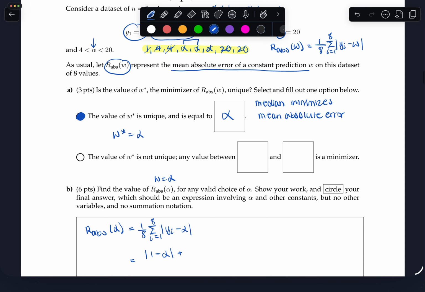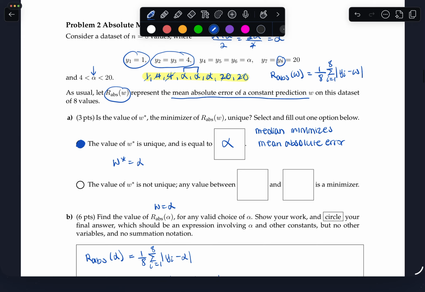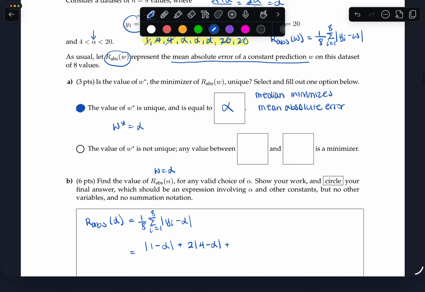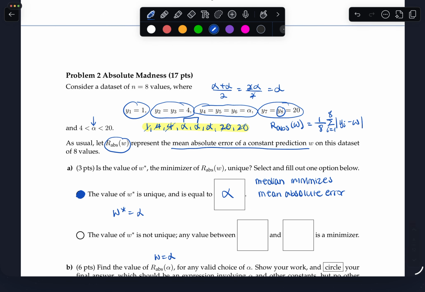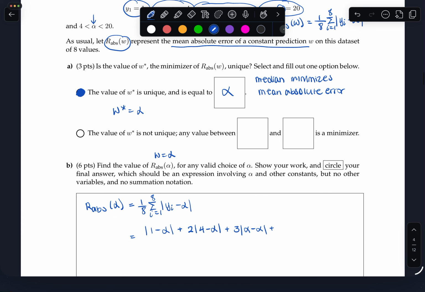So we can write that as 2 times the absolute value of 4 minus alpha, plus the 4th through 6th terms, which are all alpha. So we can write this as 3 times the absolute value of alpha minus alpha, plus the last two, y7 and y8, which are both 20. And we can write that as 2 times the absolute value of 20 minus alpha, all over 8.